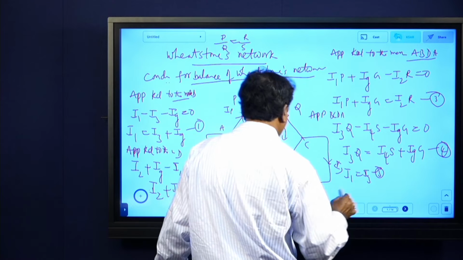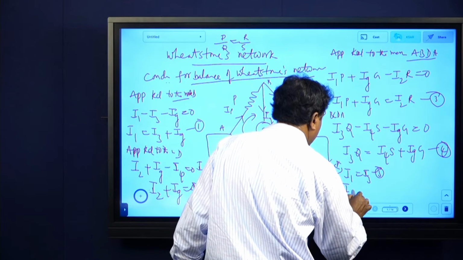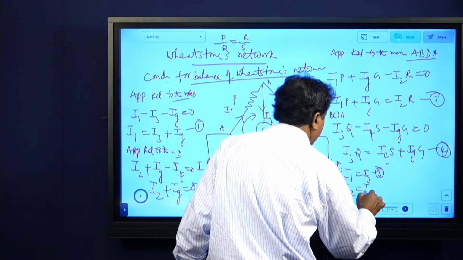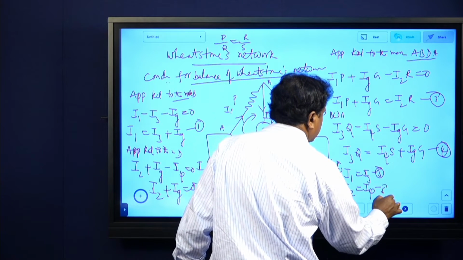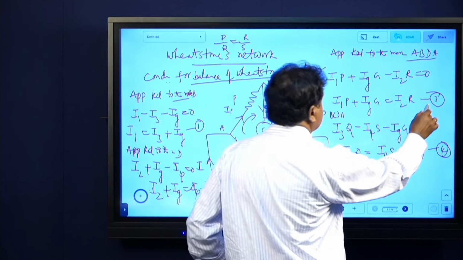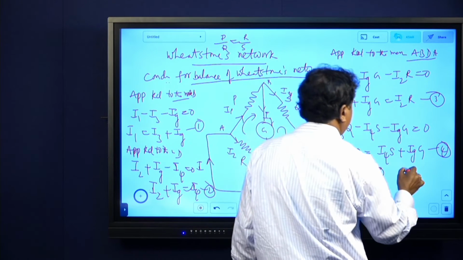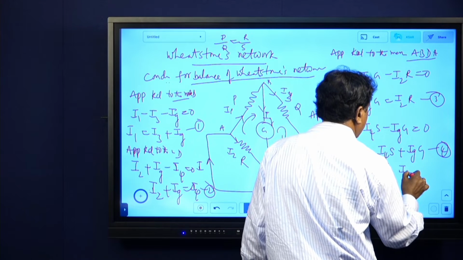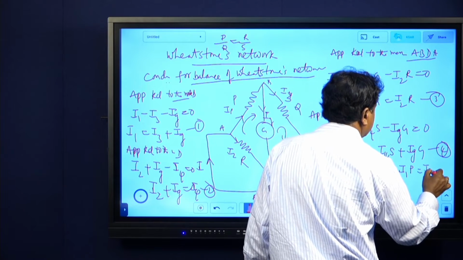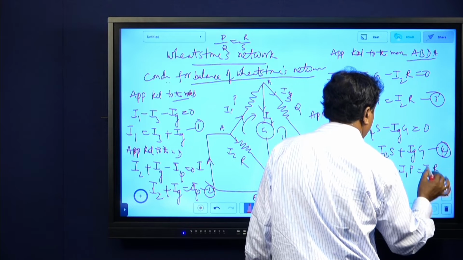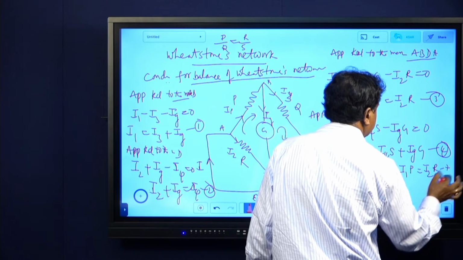And I2 equals I4, this is 6 I'll call. And what about this 3? This term becomes 0. I1P equals I2R. This is 7 I'll call.